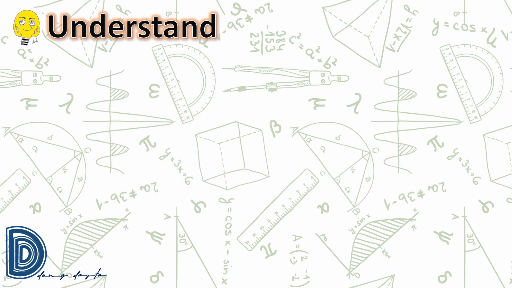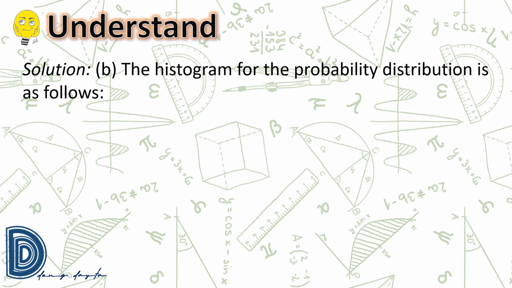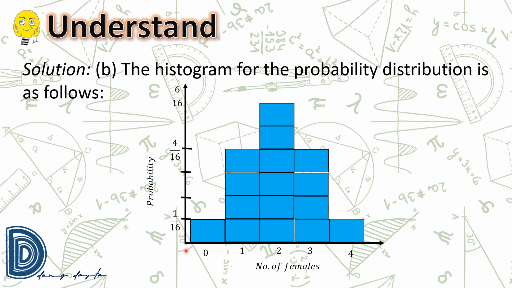The histogram for the probability distribution is as follows. On the x-axis are the values of X, which is the number of females, and on the y-axis are the corresponding probabilities for each value of X. So when there is no female, that is 1/16. 1 female, that is 4/16. 2 females, that is 6/16. 3 females, that is 4/16.